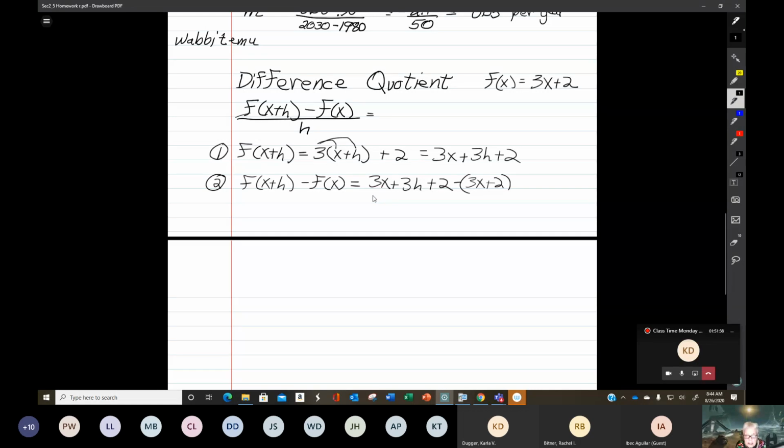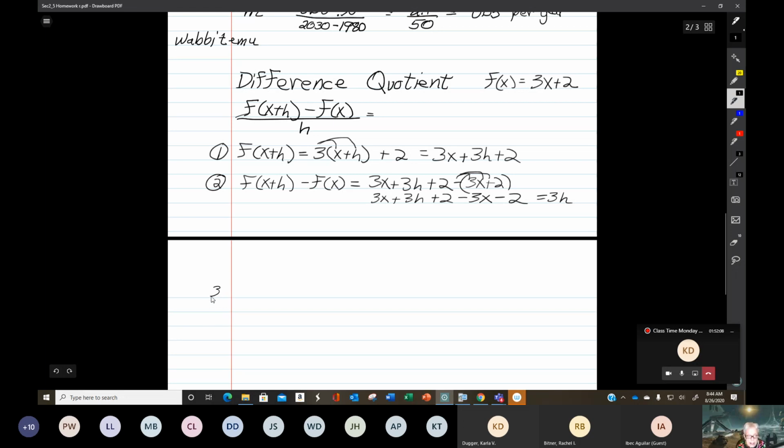Now what that gives me is 3x plus 3h plus 2 minus 3x minus 2. I have to distribute the minus sign. There. So I combine like terms. 3x minus 3x is 0. 2 minus 2 is 0. So I'm left with 3h.